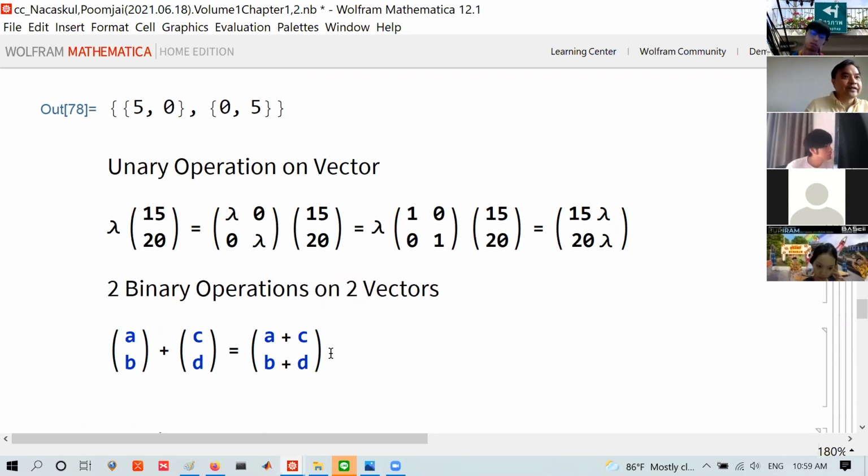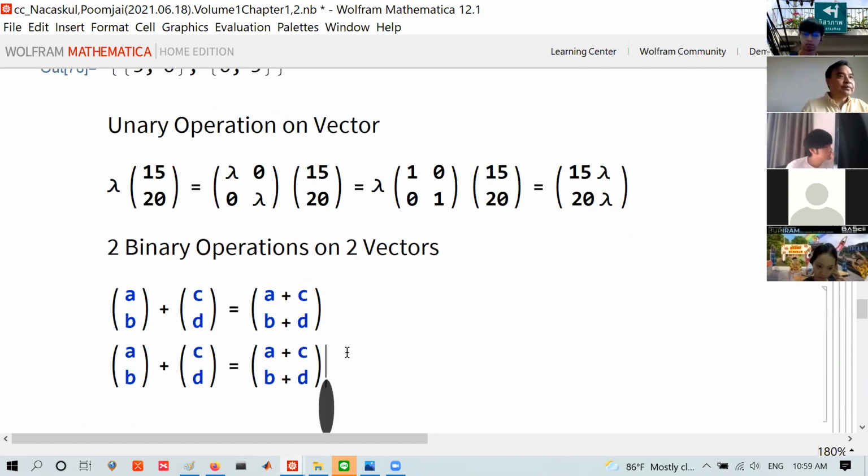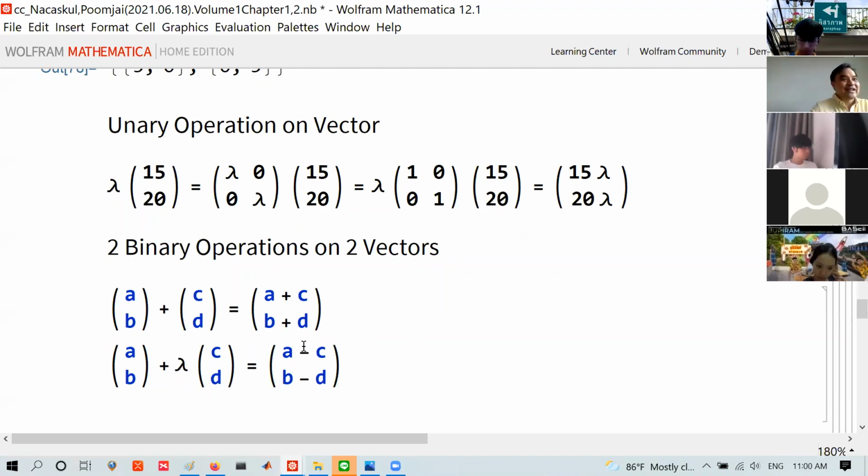You can actually have another operation called subtraction. But nobody really talks about subtraction. You know why? Because if you set lambda equal to -1, it's the same thing as this. So you're kind of combining unary operation with binary operation where you set lambda equal to -1, right?